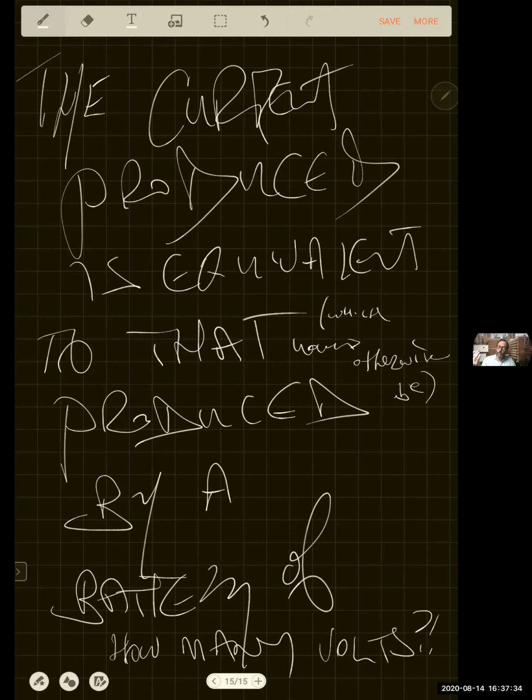The question is, how much current do we get? In other words, how much of a battery would we have needed to get that equivalent current?